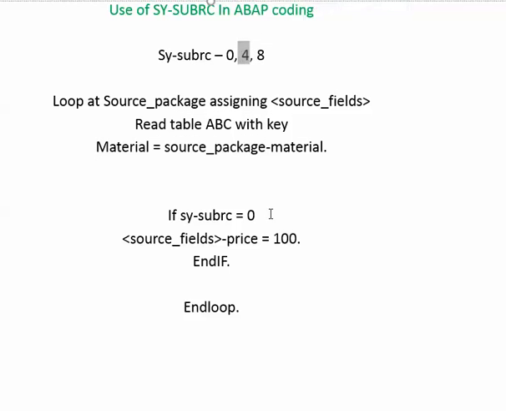But I wrote the condition like if SY-SUBRC is equal to 0, then price will be 100. So it means if any record is found in this condition, then the price in this source package for that particular record will be 100.